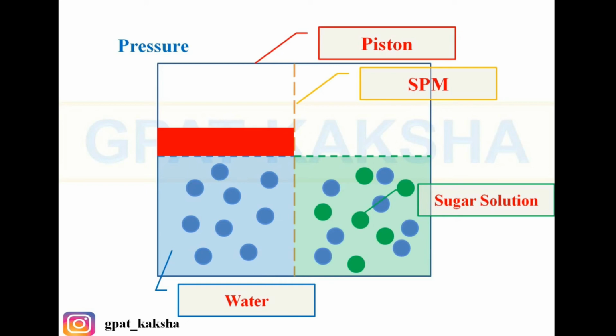So that particular amount of pressure which should be applied over the solvent compartment to stop the molecule movement from the sugar solution towards the water region.